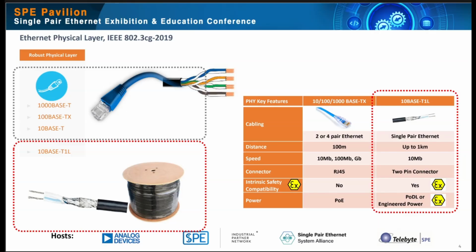It is a fabulous technology, but it is not a technology that's built for harsh environments. As the digitalization of factories and buildings emerges, we need a higher speed technology. Ethernet is an obvious choice from a protocol perspective, but how do you make it more robust? How that's been achieved over the last couple of years is through this single pair Ethernet technology.